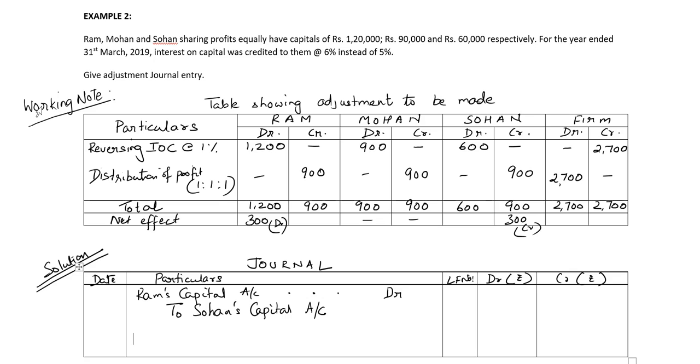Amount is 300, and narration: adjustment entry passed to rectify the error.